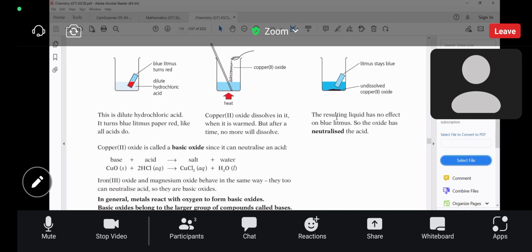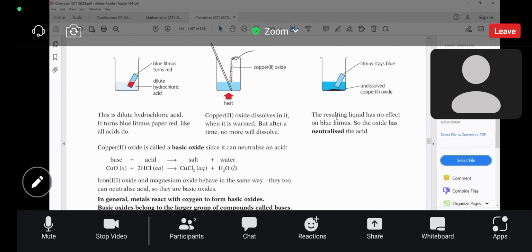Right, here you take HCl, this is HCl, so you test with blue litmus. So initially it was blue and this portion has become red, and this is blue. Okay, right. Again, after removing this litmus, you add copper 2 oxide. What will happen?